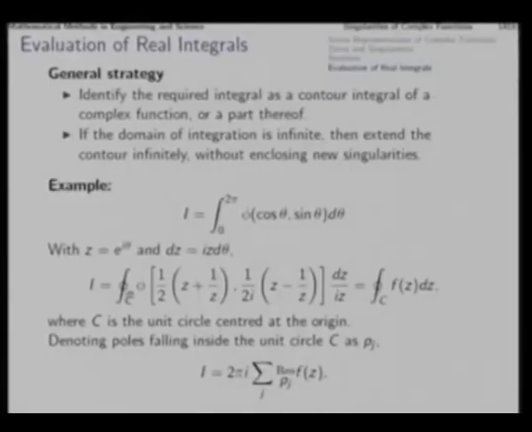So the radius remains 1 and theta varies from 0 to 2 pi, and then the poles falling inside the unit circle we denote as Pj, and then we evaluate this contour integral, that is we sum up the residues at those isolated singularities and multiply the sum with 2 pi I. That turns out to be this integral.